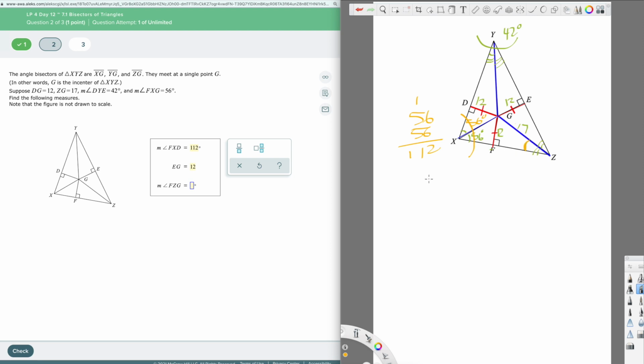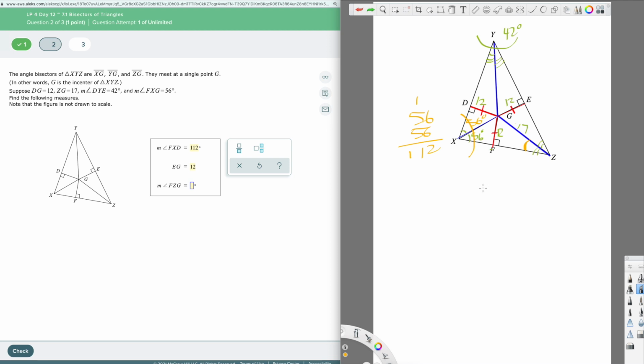And then they're also asking me to find FZG, so this angle here. I know it can be a little difficult to separate out when you're looking at this, but I have this whole triangle. I have the top, I have the left, and they're asking me for the right. The three angles of a triangle add up to 180 degrees.